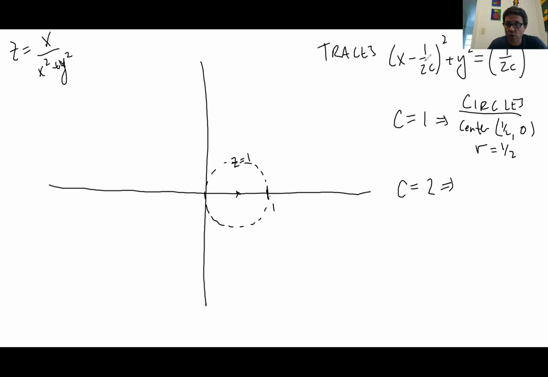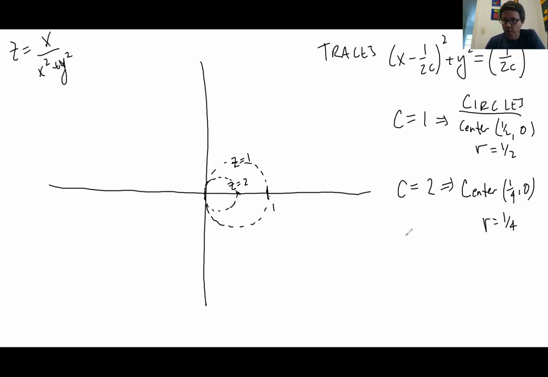Well, again, it's a circle, but the center is at (a quarter, 0), and the radius is a quarter. So that's going to go a quarter to the center and then another quarter out here. So I would draw a little circle inside, and that is when z is 2. Now, this circle is at 1 height, and the little circle is at 2 height.